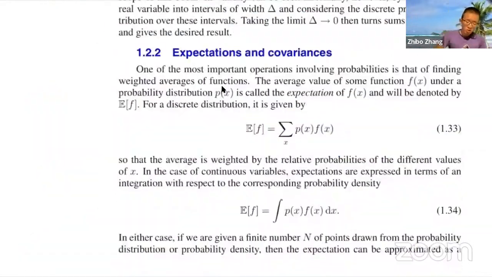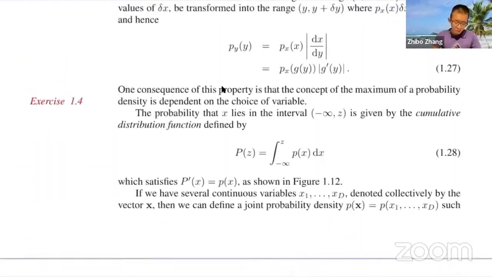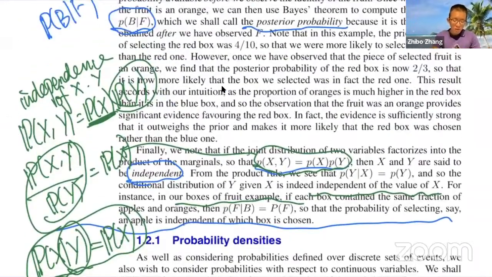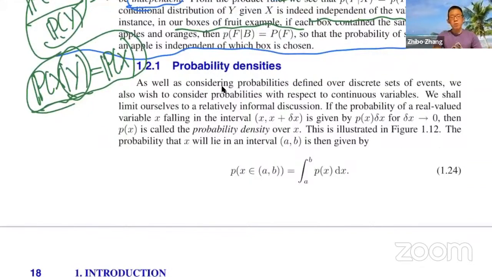Next, I think the authors give very good examples to illustrate what is conditional density and what is marginal density. Actually, I should be careful about using the term density because it generally refers to a continuous kind of input space.